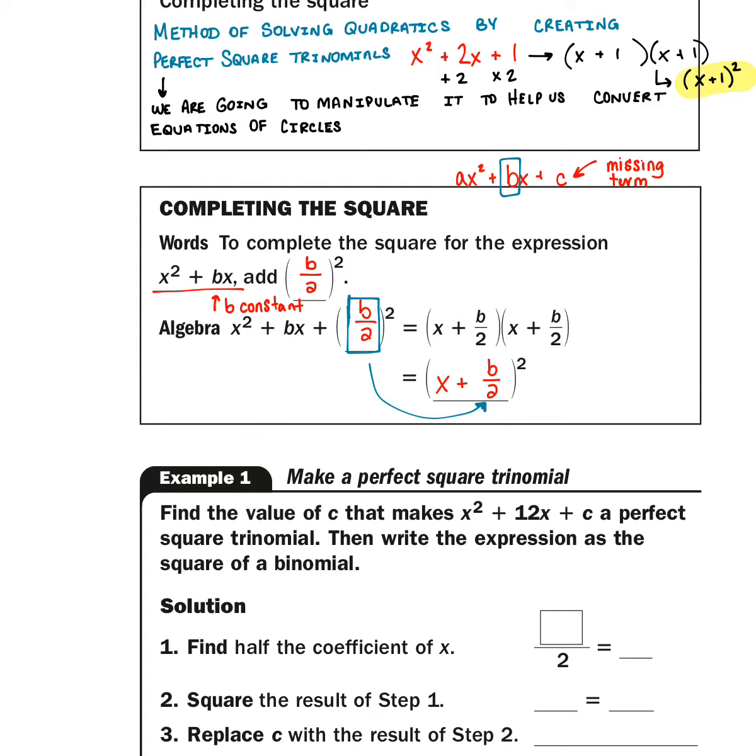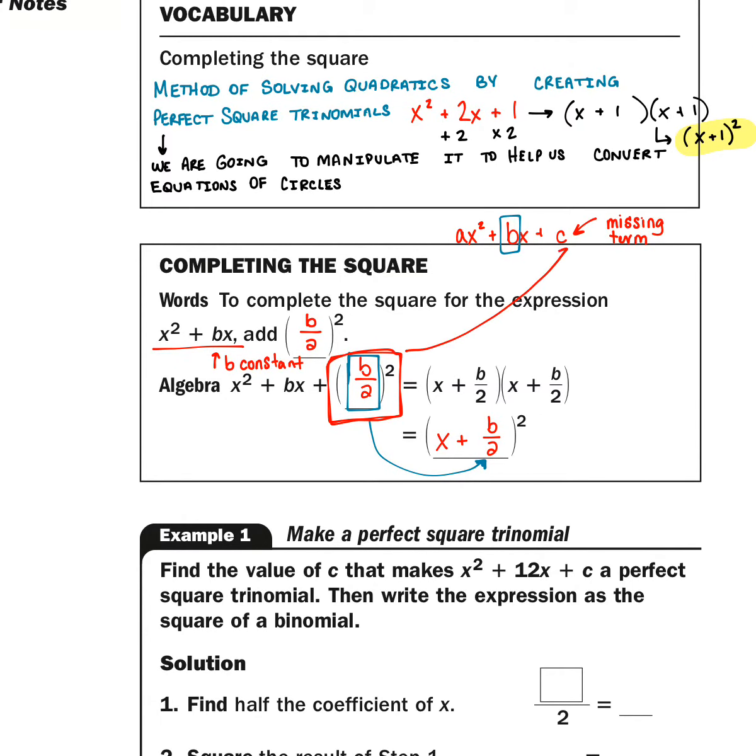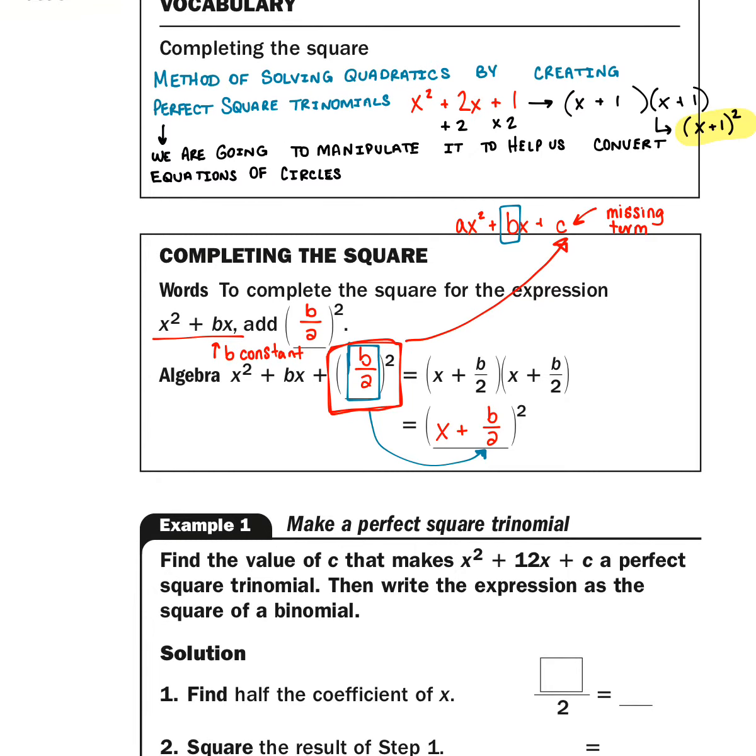And then the full x plus b over 2 squared, that number will always become c. So while it is a little quirky, the cool thing is, no matter what, as long as I identify my b correctly, I've got my initial answer, my middle answer, and my final answer staring me directly in the face.